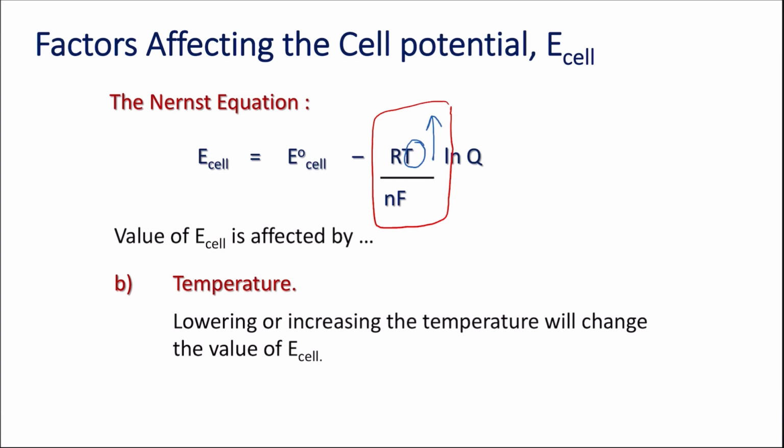So itu adalah cara awak nak faham lah, sebab kita calculate Nernst equation semuanya at temperature 298 Kelvin. Okay, so kalau kita increase kat sini, contohnya total up temperature kat sini 300. So 298 tolak 300, kita akan dapat negative value. So that's why E cell kita akan berkurang sebab negative value. So itu cara mudah lah untuk faham secara logically.